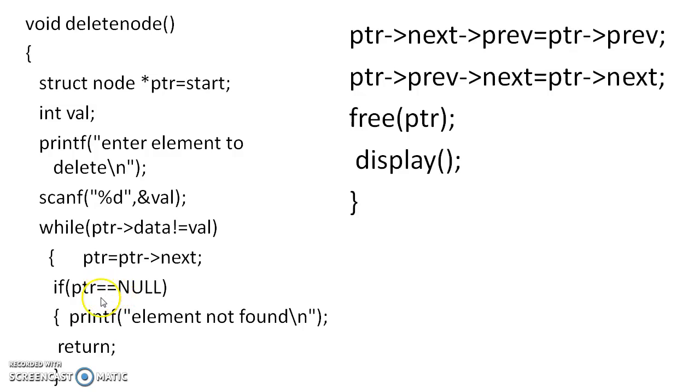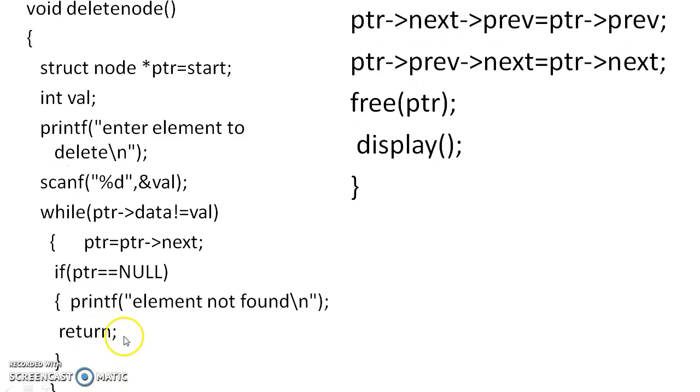In the middle, if the pointer is null, I write that the element is not found and come out of the deletion. Otherwise, the next node of the pointer is pointing to the pointer of previous, and the previous of the next is pointing to the pointer of next, and I free the pointer. After removal, the display function displays the linked list.